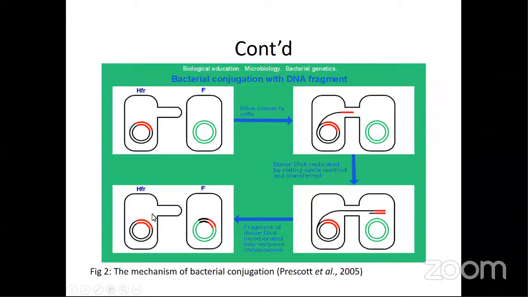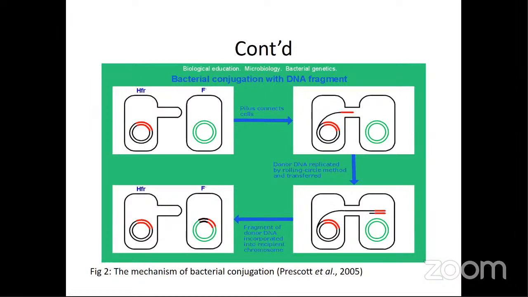So the donor bacterium has successfully transferred its own genetic material to the recipient bacterium. So this is the mechanism of bacterial conjugation. You can read more about it. Prescott you have in the library. This is an introduction, basic microbiology.